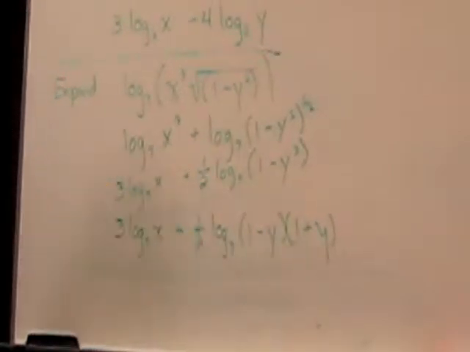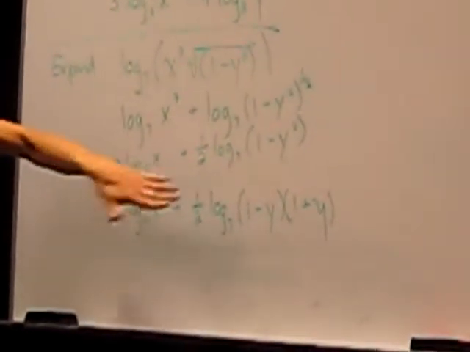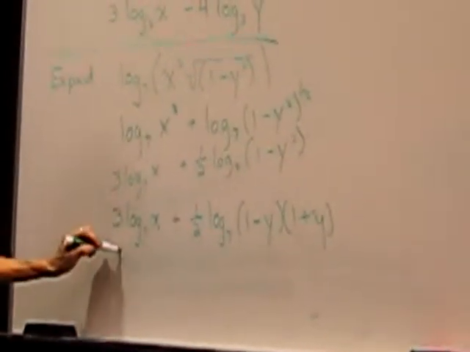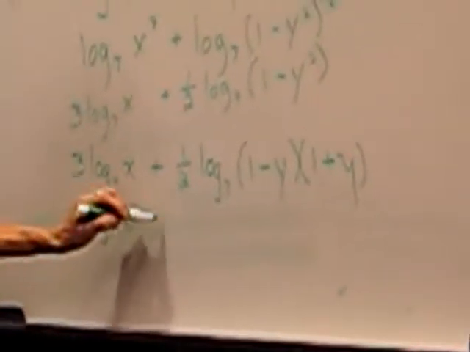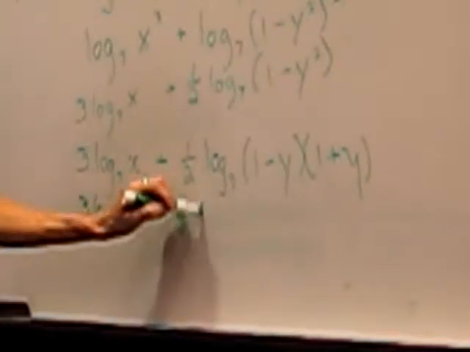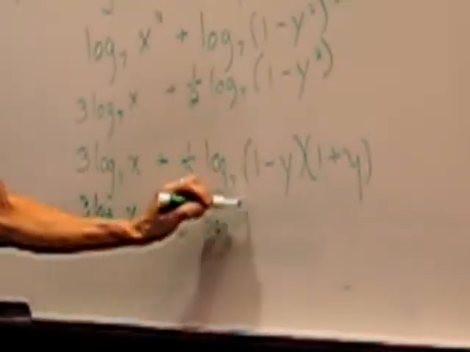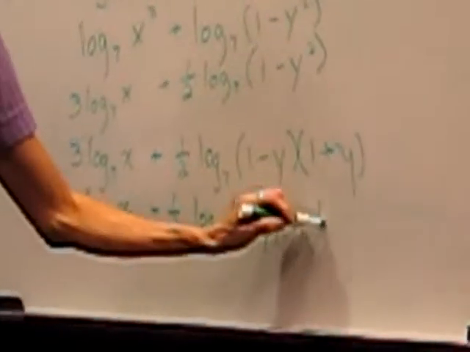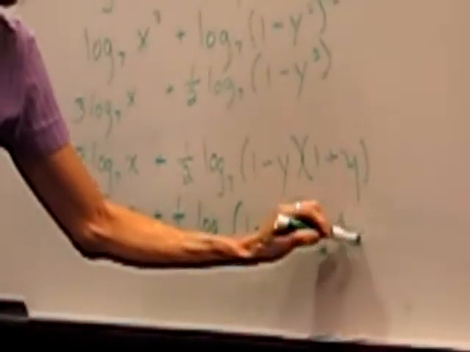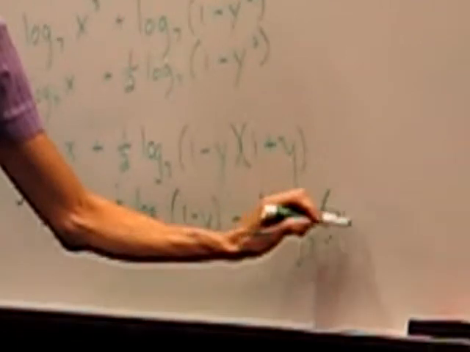Now this part needs to be split up. So 3 log base 7 of x plus 1/2 log base 7 of 1 minus y plus 1/2 log base 7 of 1 plus y.